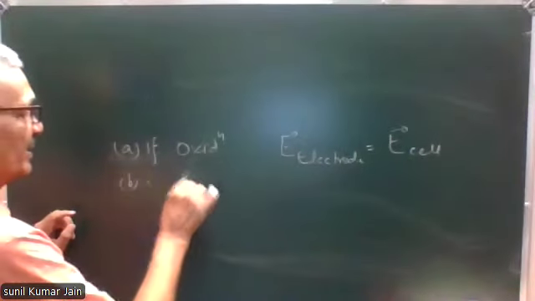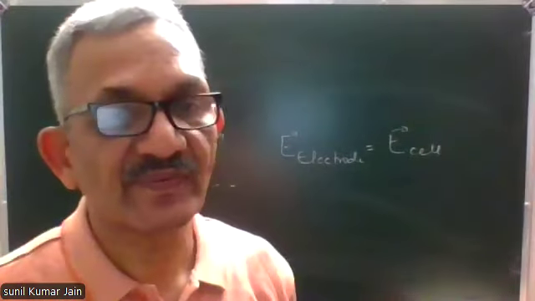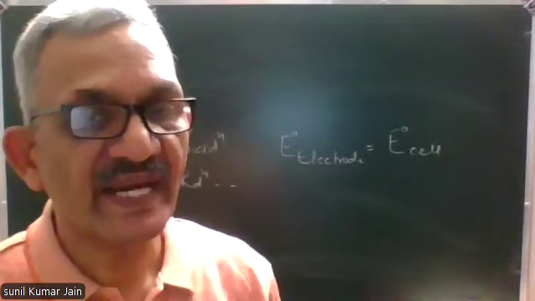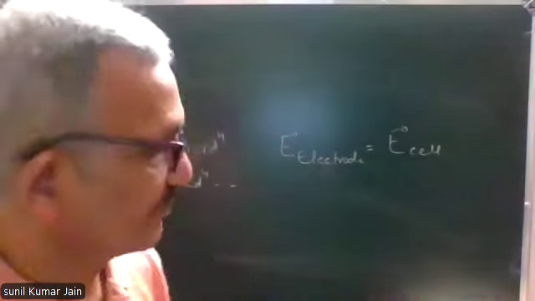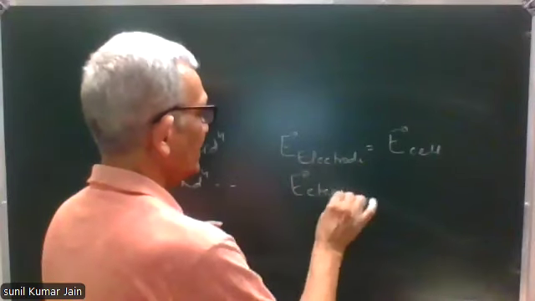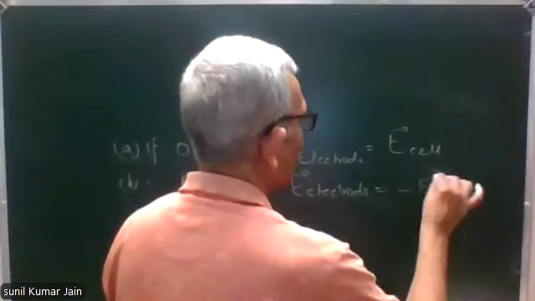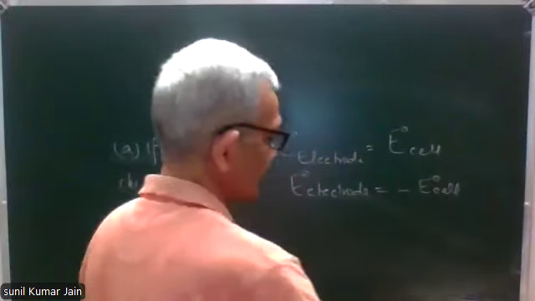B. If reduction takes place at SHE, then E0 electrode is equal to minus E0 cell.